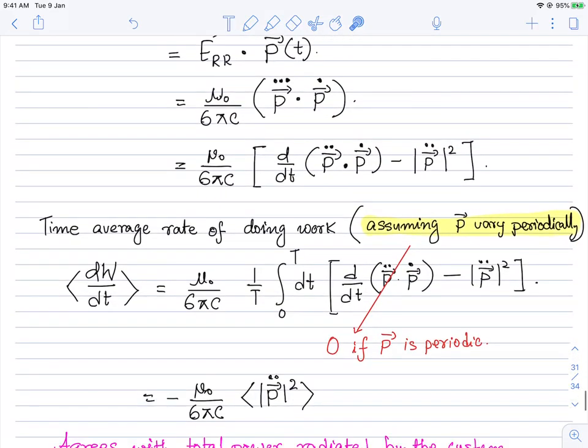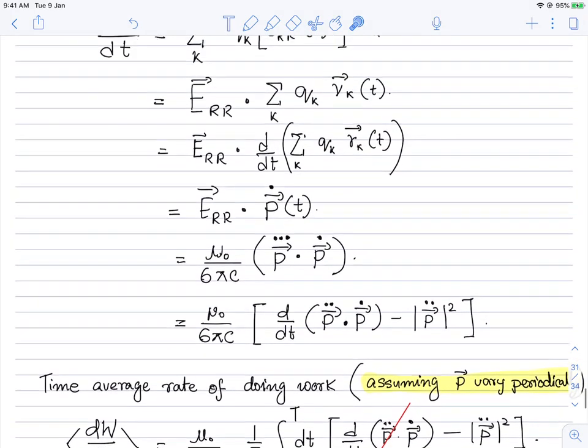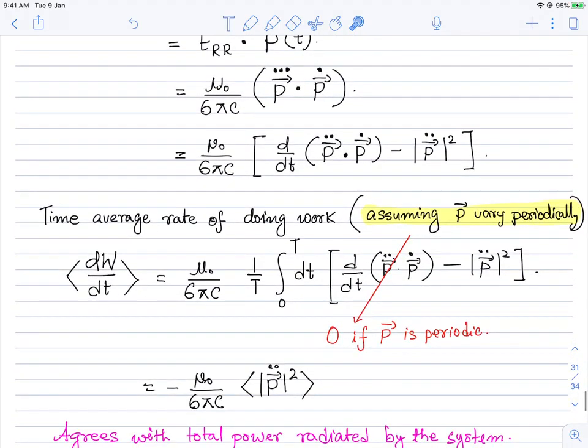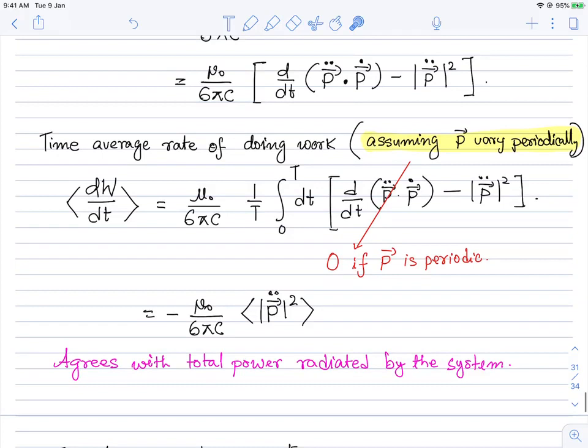Now, if we try to find the average rate of work done, let's say there's some harmonic motion and P is a periodic function, say a sine or a cosine. If we integrate over one time period and divide by the time period, that is the time averaging, then this total time derivative term will be 0 because it is periodic.